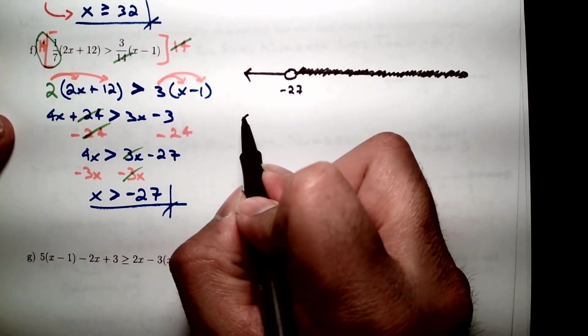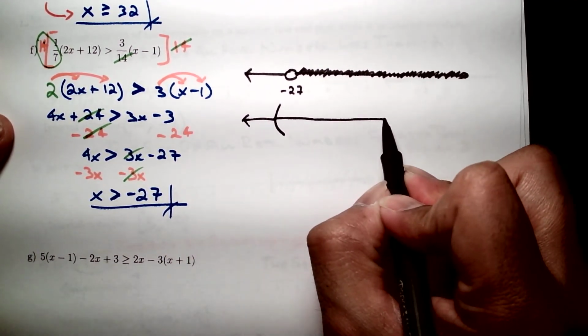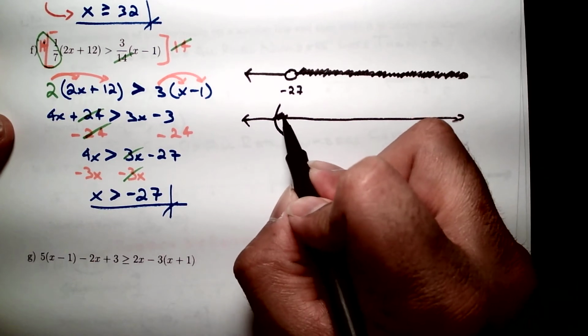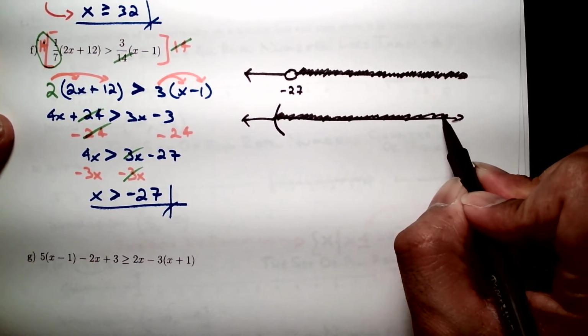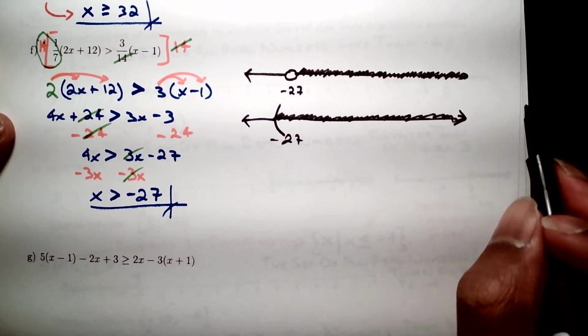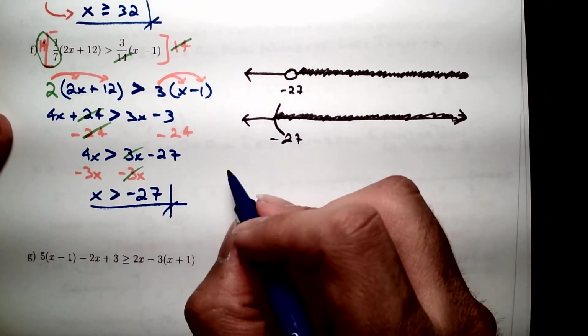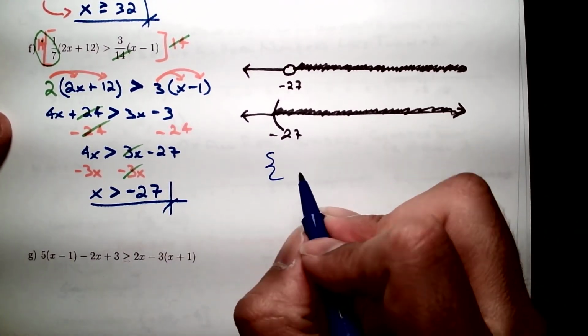And using the parentheses, we did the same, negative 27 all the way to infinity. So now it's time to write this using set notation.